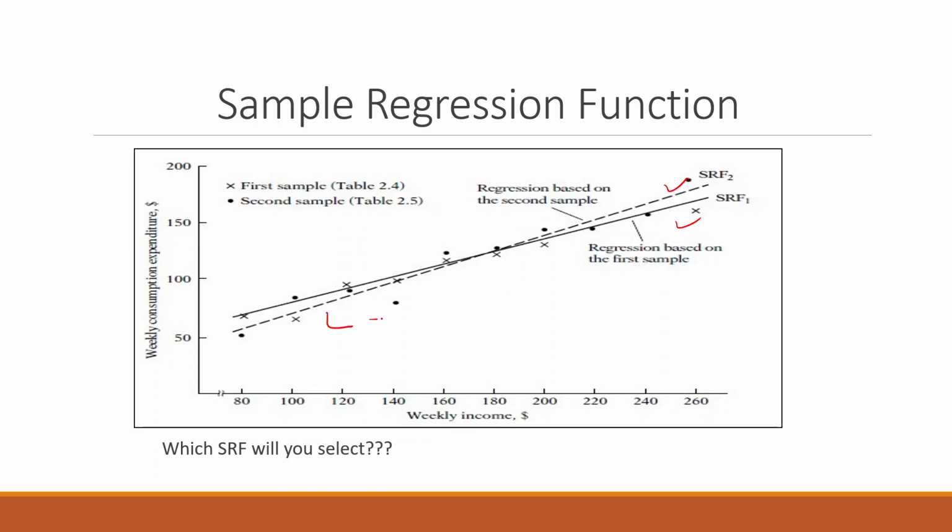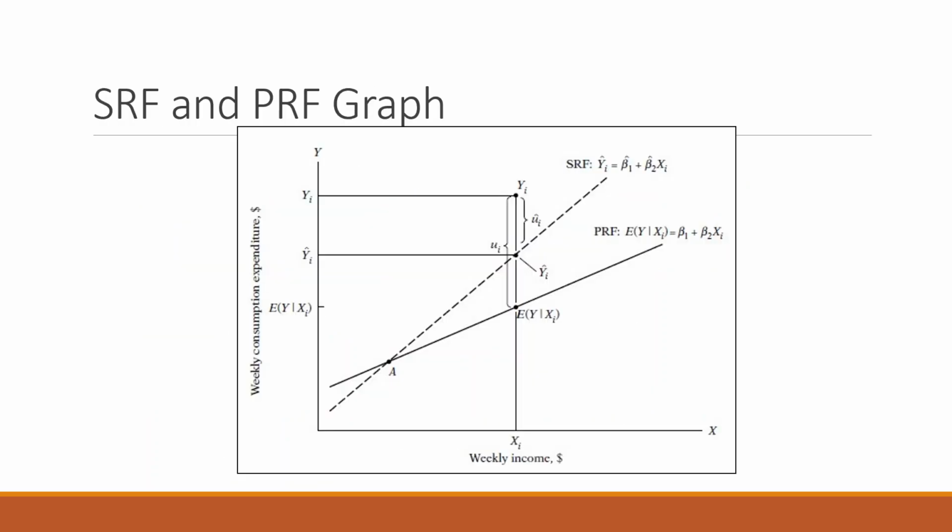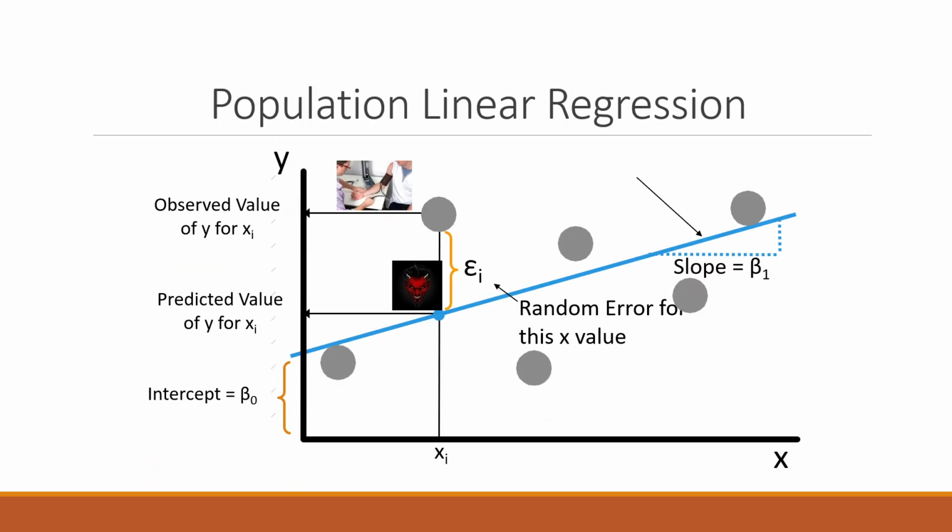We will pick the line whose summation of errors is minimum. We don't have to do this; the software will take care of this. It will pass a line in such a way that the error is minimized. This is the error term, the stochastic error term, that is a random error.